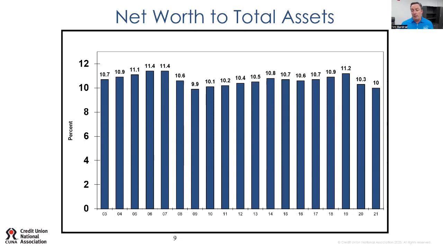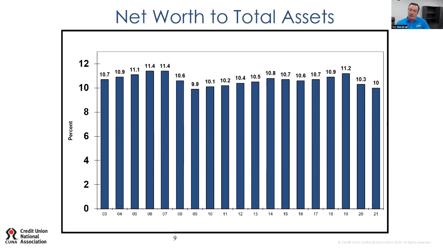So you can see that we've been fairly consistent as an industry. We tend to be over 10%. But then there's also when we have the numerator growing at a certain rate and the denominator growing at a certain rate, that can also change the ratio.